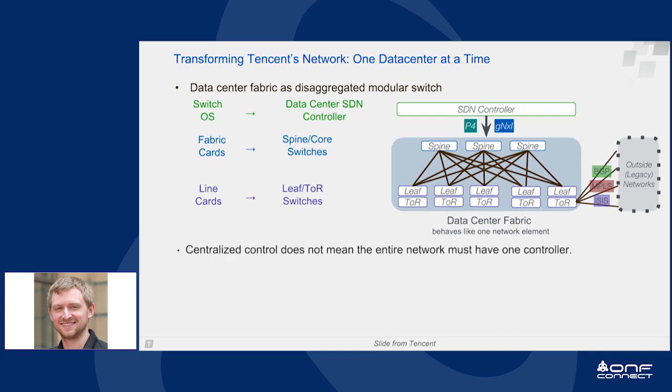So Tencent's view, and again I'm presenting a slide on their behalf, is that centralized control doesn't mean the entire network has one controller. This is also what Amin said earlier. We can have a hierarchy of controllers that extends all the way down to the switches, and you as a network operator or designer have a choice of which functions should be placed where.